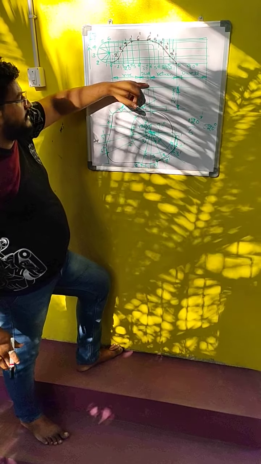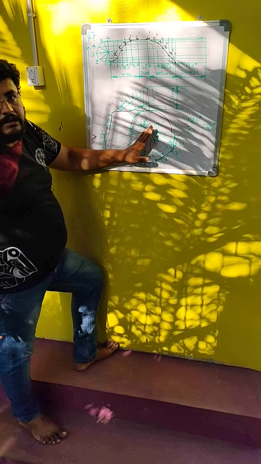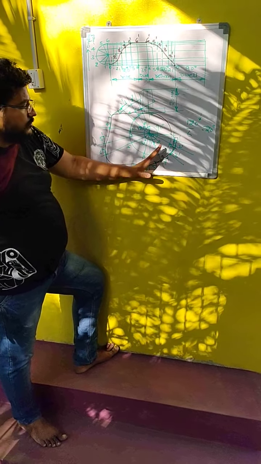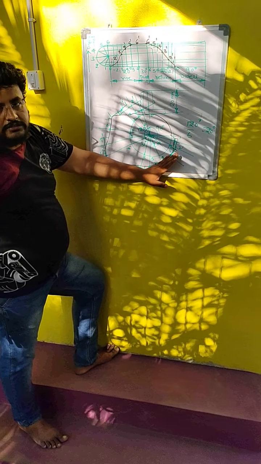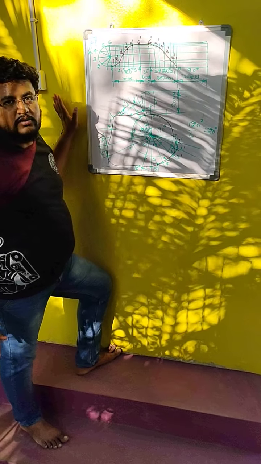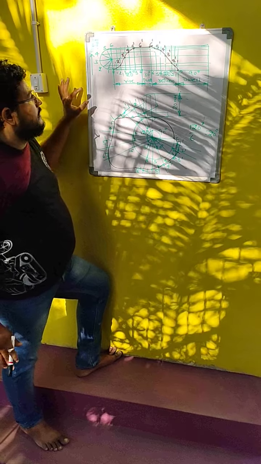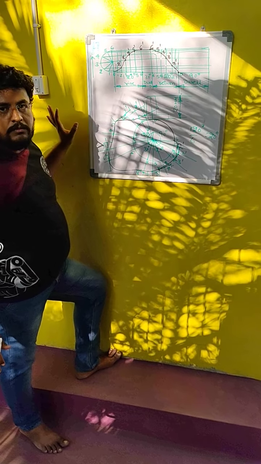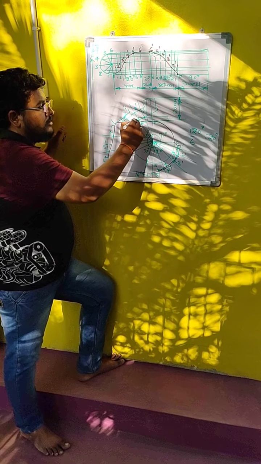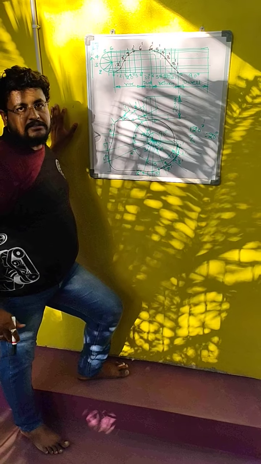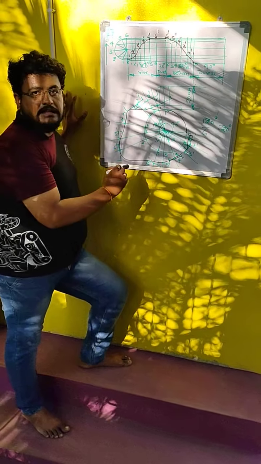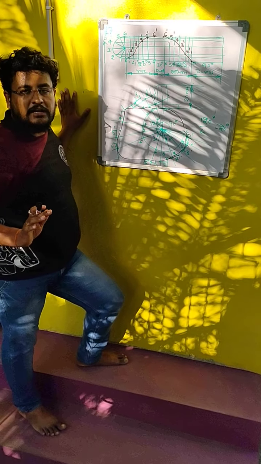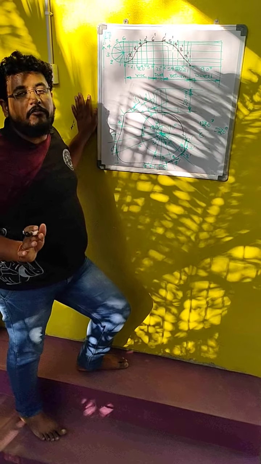Next dwell period 30 degrees, it has to be kept idle, and return period 120 degrees, once again it is to be divided into 6 equal parts. Next 90 degrees you have to keep as idle, and with corresponding radii 1, 1 dash, 2, 2 dash, you have to mark all the points. From each and every point you have to draw the flat faces, that means perpendicular to these lines. Perpendicular in the sense the angle should be 90 degrees, of any length.